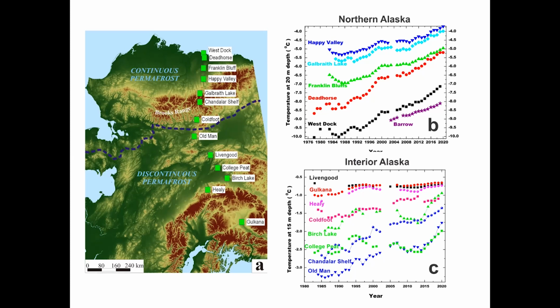Then in the Brooks Range, ice content differs from place to place depending on the amount of overburden and how much weathering and fracturing there is in the bedrock. So ice content is very variable.